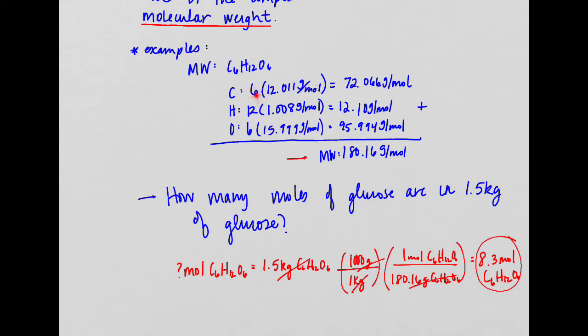So we multiplied 6 times the molar mass of carbon, which is 12.011 grams. So that gave us the amount of carbon, the mass of carbon that's in glucose. We did the same thing with hydrogen, did the same thing with oxygen. We added them all together and found that the molecular weight of glucose is 180.16 grams per mole of glucose.